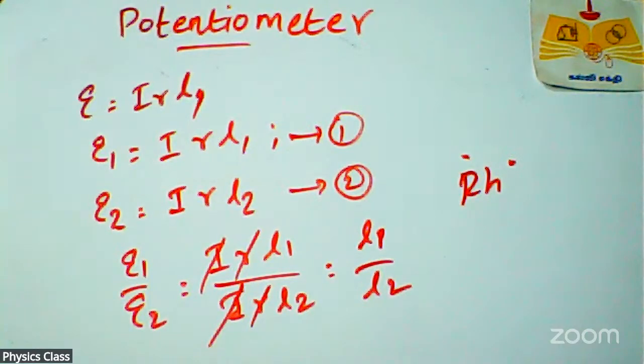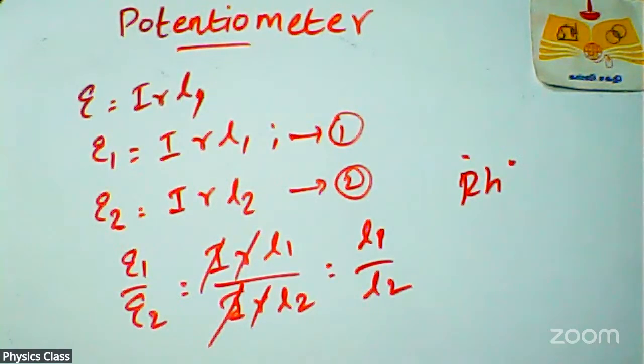This is how we compare the EMF of two cells using a potentiometer. Without a potentiometer there are other methods, but by using this potentiometer we can compare the EMF of these two cells.